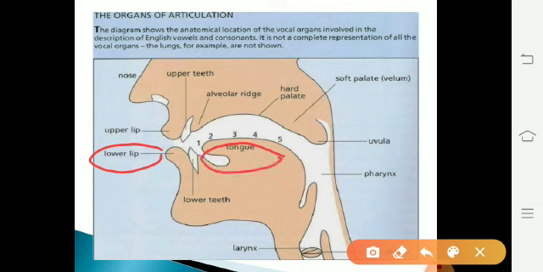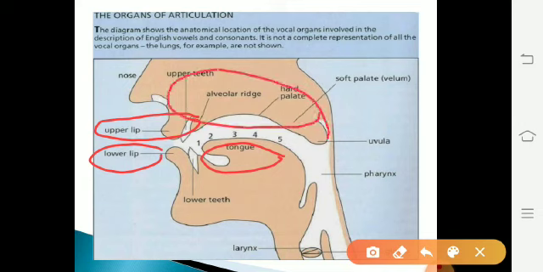Certain articulators remain passive and the active articulators move in the direction of these. These are termed as passive articulators. The upper lip and the entire roof of the mouth are called the passive articulators.